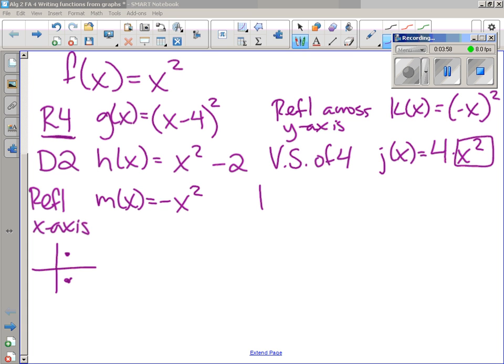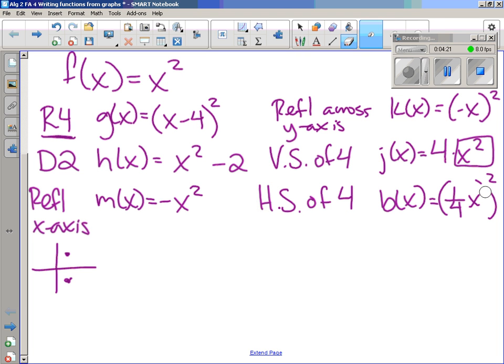But if I want to do a horizontal stretch of factor 4, it looks different. I need to put that in parentheses because that's a horizontal transformation, and it lies. It's not actually 4 times x, it's 1/4. You flip it over. So that's what we would have.